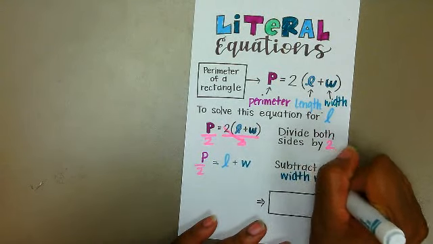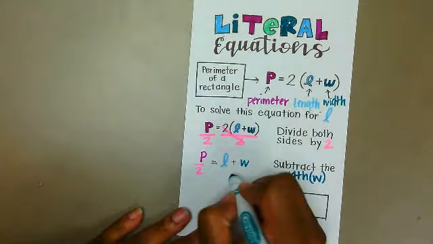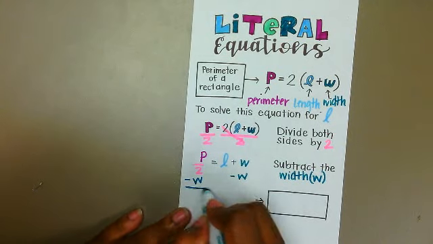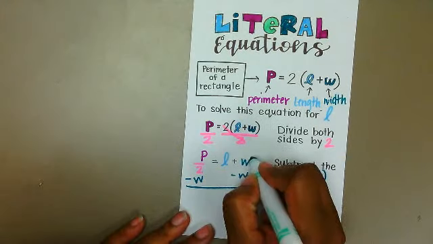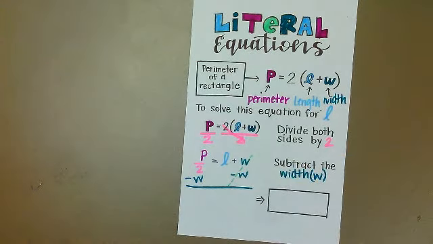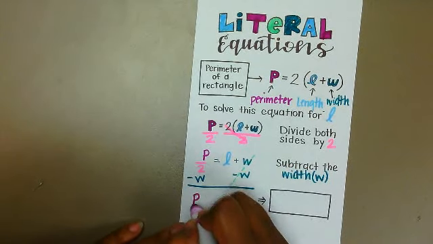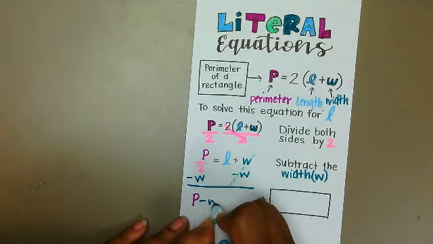So now I'm going to say minus W, minus W. When I subtract the width from both sides, these two are going to cancel out. Since those two cancel out, now I'm left with P minus W, and that's all divided by 2.